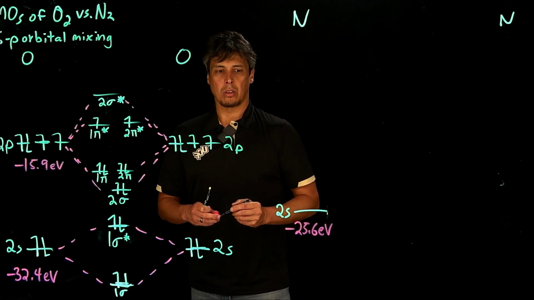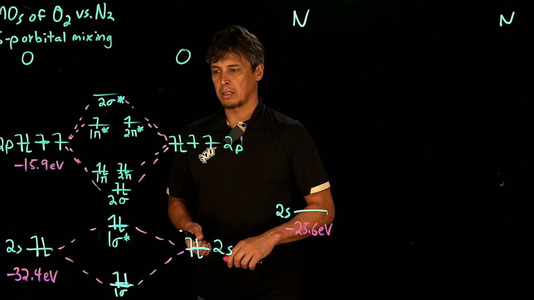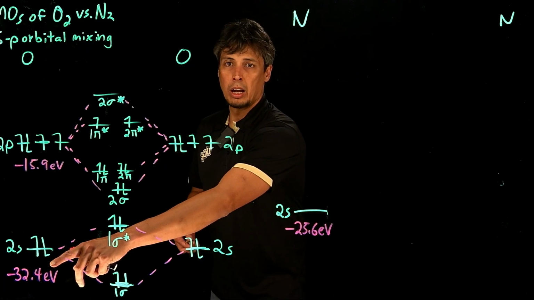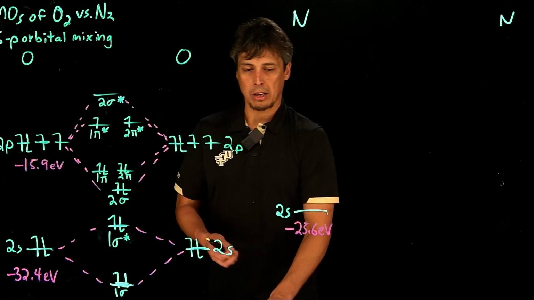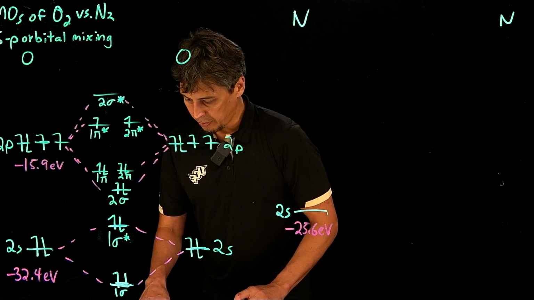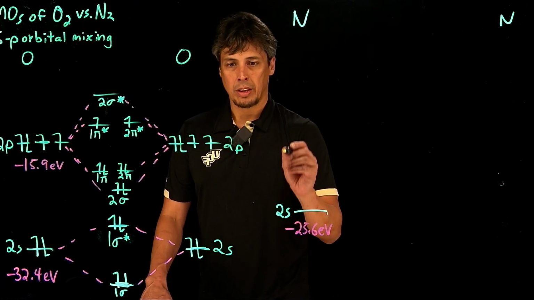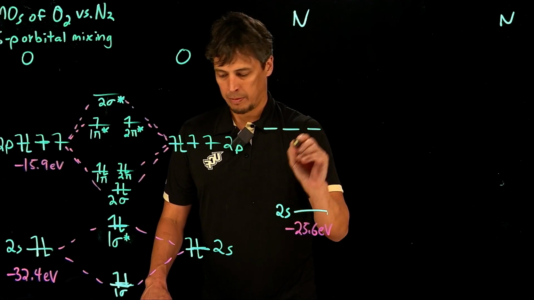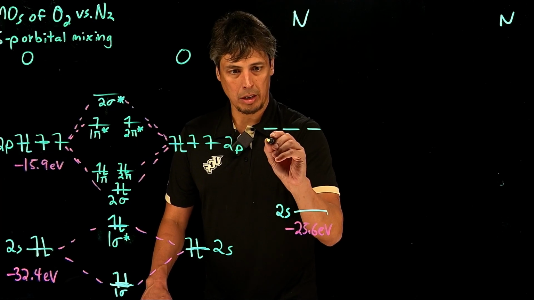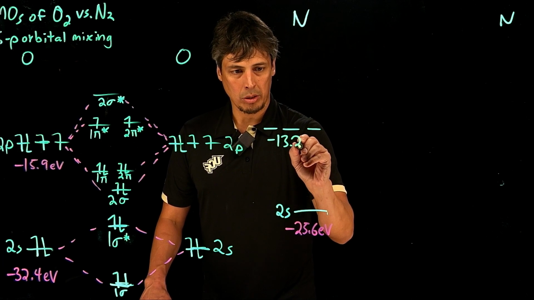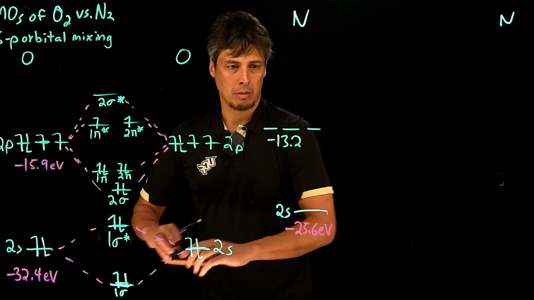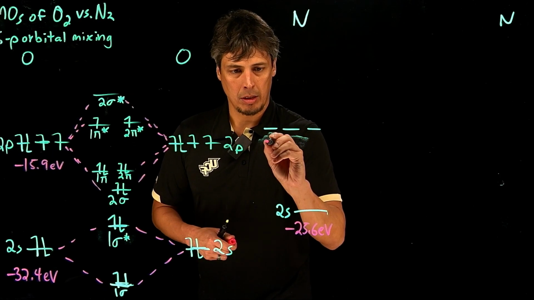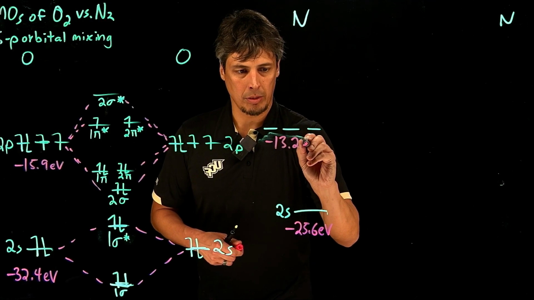So that's a good amount, about 7 electron volts higher in energy than the 2s orbital for oxygen. Also, for nitrogen, the p orbitals are slightly higher in energy as well, at about negative 13.2 electron volts.